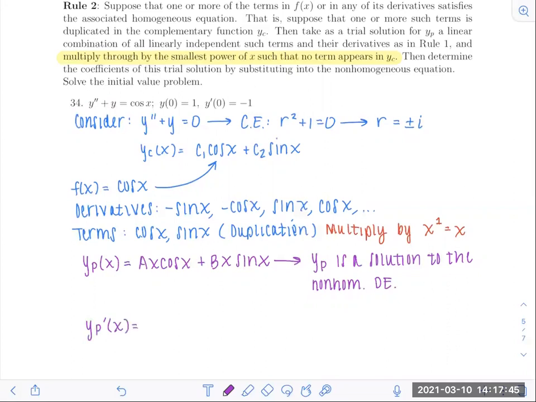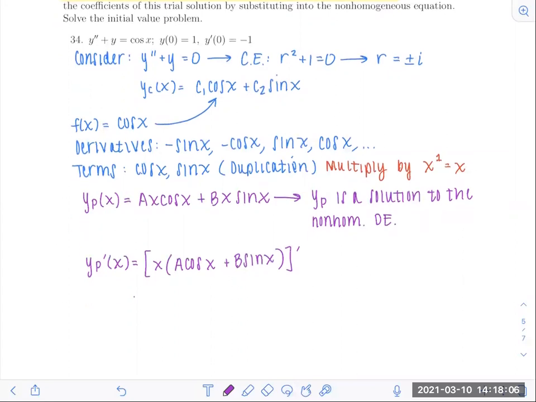To get there, I need to compute the first derivative. Rather than doing the product rule twice, I'm going to factor an x out of here and write it as x times the quantity a cosine x plus b sine x, and take the derivative of that expression.